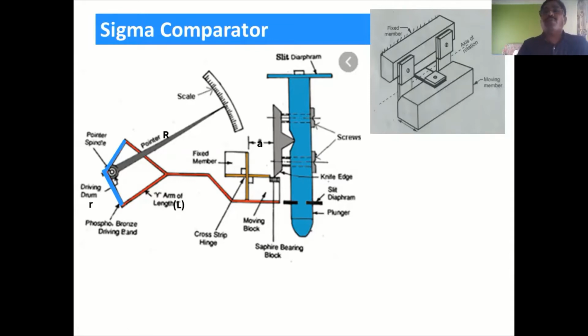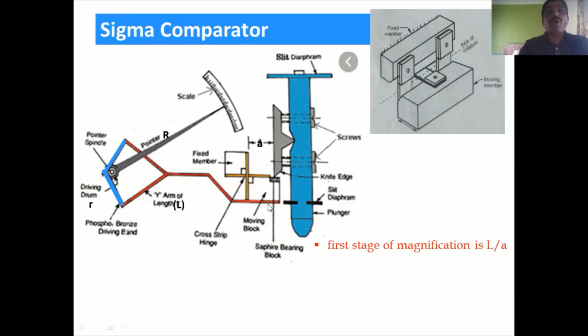When the force is applied on this moving block, this flexible strip tries to deflect, and when the force is removed, the moving block again comes to its original position.